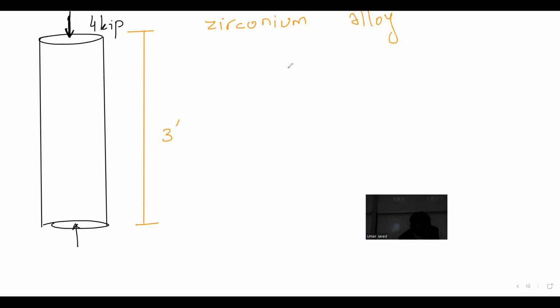Zirconium alloy, nice and beautiful. Given a yield stress of 57.5 kilopounds per square inch, and Young's modulus of 14 times 10 to the power 3 kilopounds per square inch.